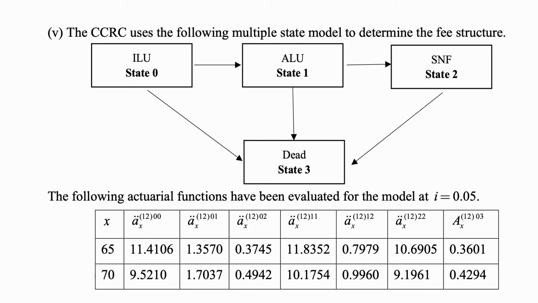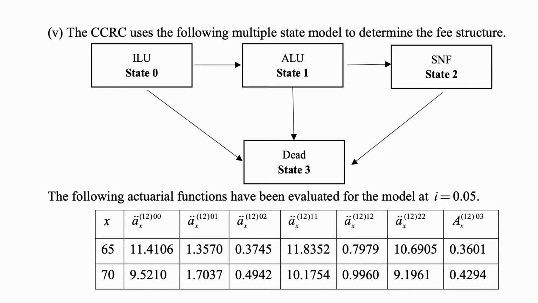The CCRC uses the following multiple state model to determine the fee structure. The states are 0, 1, 2, and 3, and those are ILU, ALU, SNF, and the absorbing state of being dead, state 3. The following actuarial functions have been evaluated for the model at an interest rate of 5%: we have double dot annuity functions which are payable monthly, starting in state 0 and paid while in state 0, state 1, and state 2, starting at ages 65 and 70.